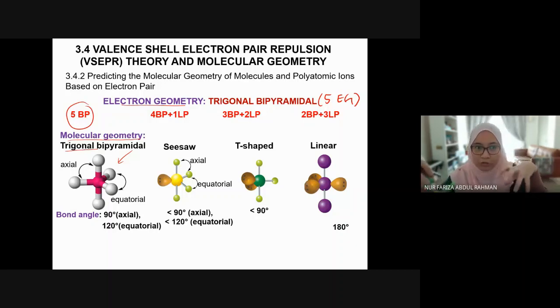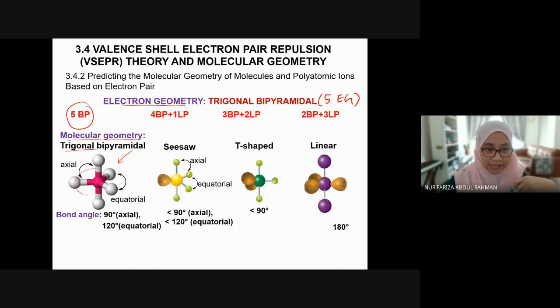So they become more crowded. Can you see? The space is now limited, because it has to accommodate all 5 electron groups. So the most ideal arrangement with the least repulsion for all the electron groups is this trigonal bipyramidal.